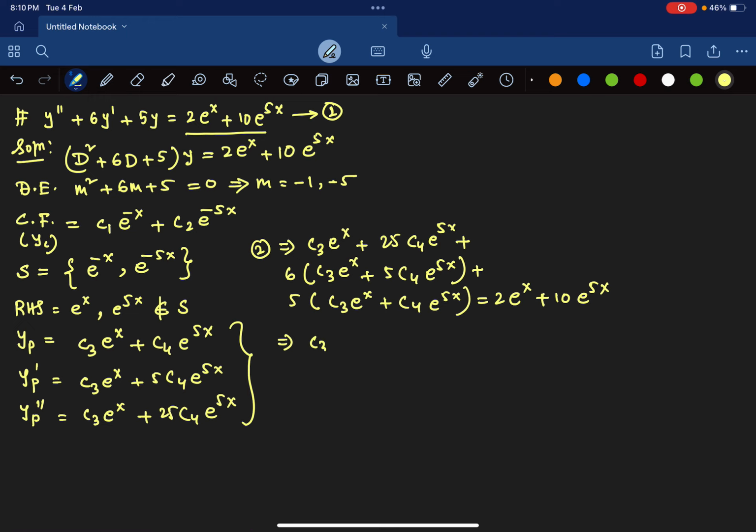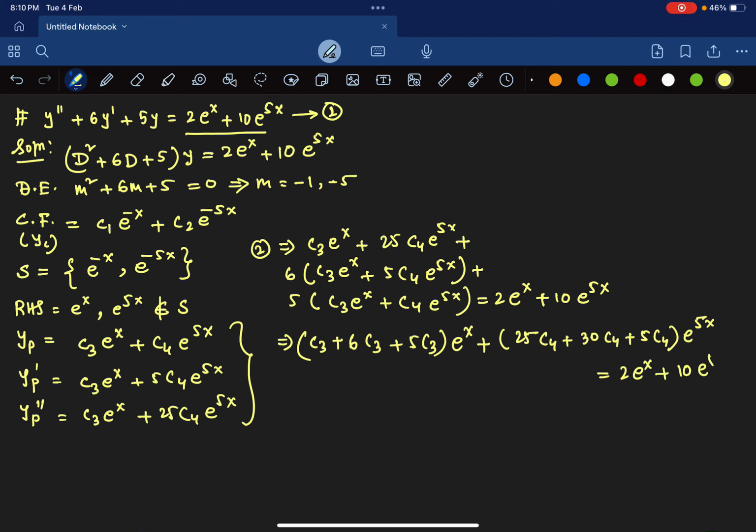Now see what you have: c3 plus 6c3 plus 5c3, that is e power x, plus here, 25 c4 plus 30 c4 plus 5 c4 e power 5x is equal to 2 e power x plus 10 e power 5x.